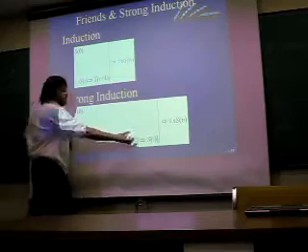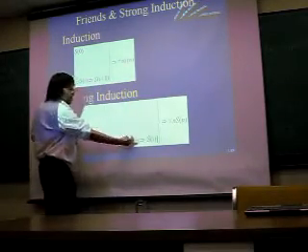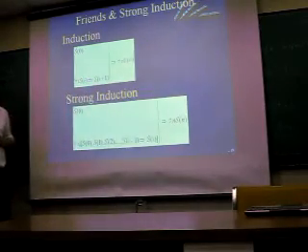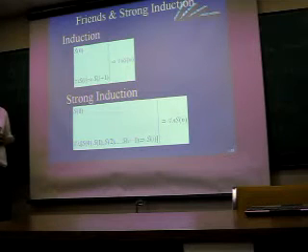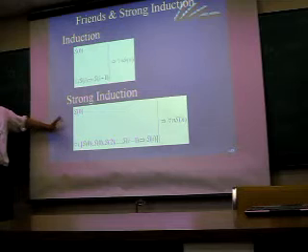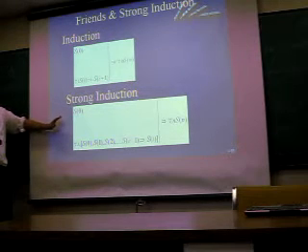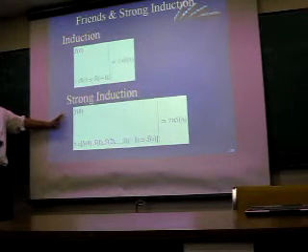Right? But now you have to prove the same basic thing, but you have that all previous are true. Right? So you have more at your disposal to help you prove things. Has everybody seen strong induction and kind of relate to it? Anybody want to talk about it?